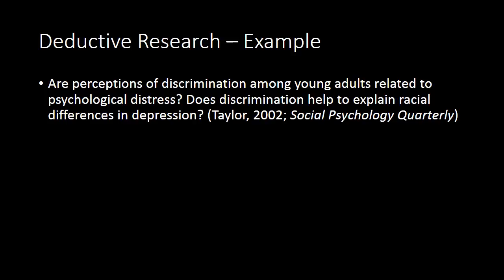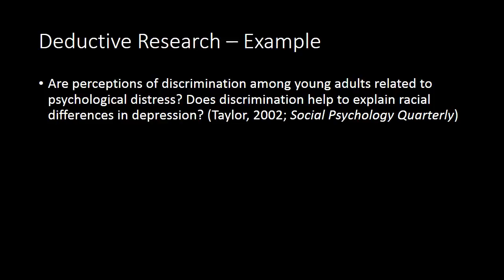Now, an example of a research question that's more deductive in nature is, are perceptions of discrimination among young adults related to psychological distress? And does discrimination help to explain racial differences in depressive symptoms?